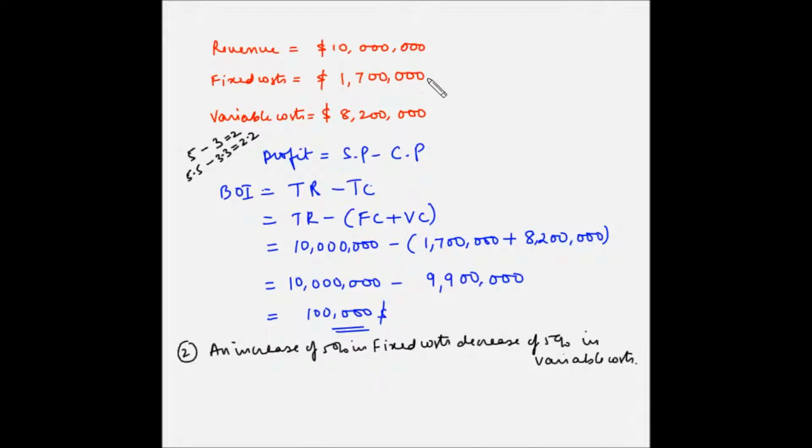So basically what this means is that the fixed cost, which is $1.7 million, has to now be multiplied by 1.05, indicating a 5% increase in the fixed cost.